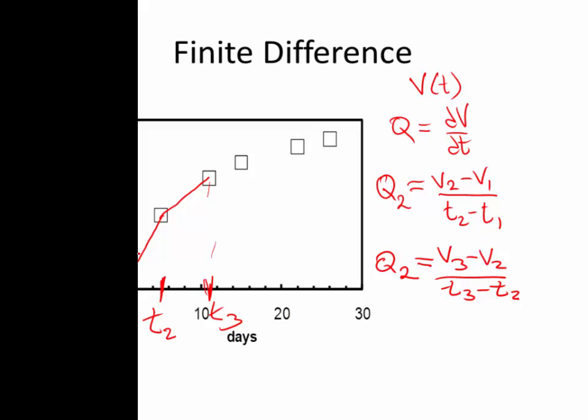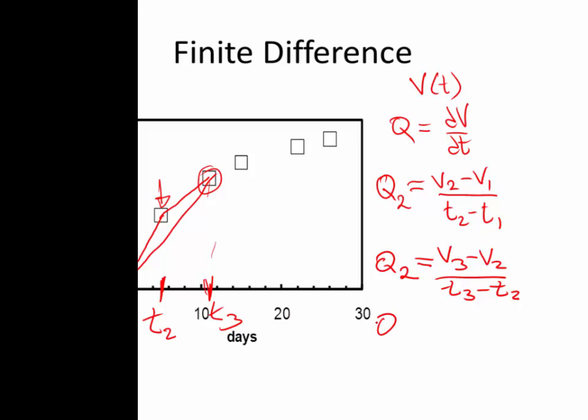And then another possibility would be to say, well, if I want to get the slope at this point, a better approach might be to use both that point and that point, the two flanking points. And if I got the slope between those 2 points, it would be that line.